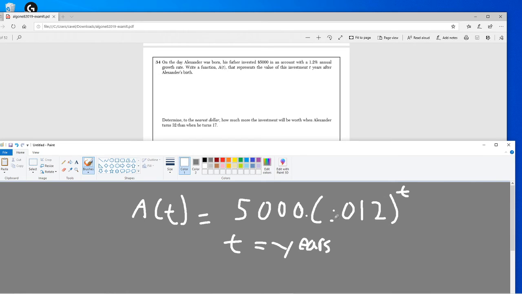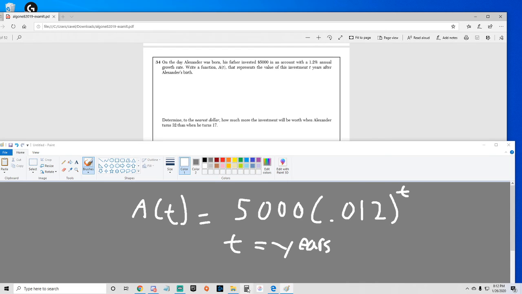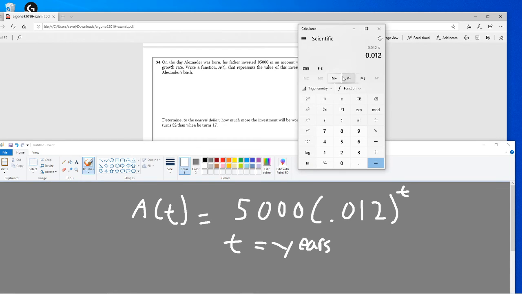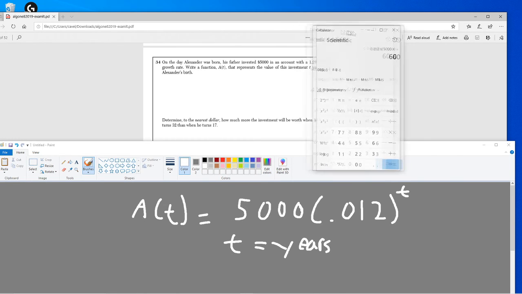At t is equal to 1, that means 1 year after he's born, right? So at t is equal to 1, meaning the first year, the 1 year after he's born, you get 1.2% of 5,000. Okay? So 0.012 times 5,000. You get $60. Okay?